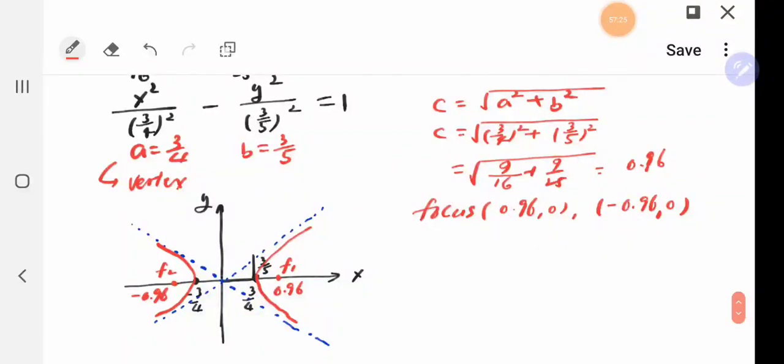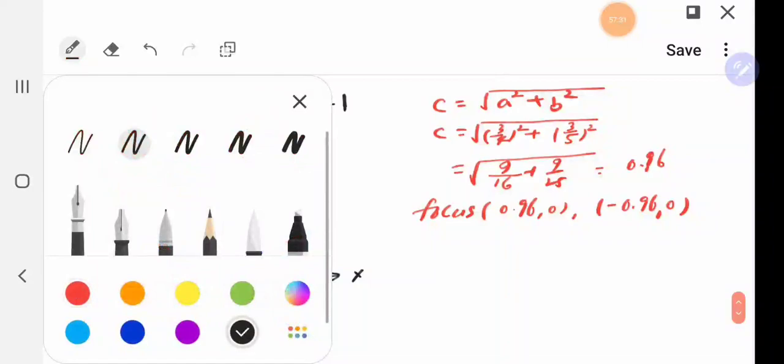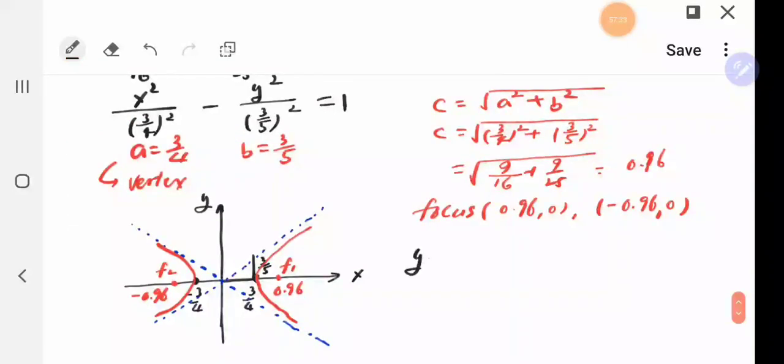Then the equation of the asymptote will be y is equal to rise over run. Rise is 3/5. So in this case, b over a. Rise is the height, and run is the horizontal distance.